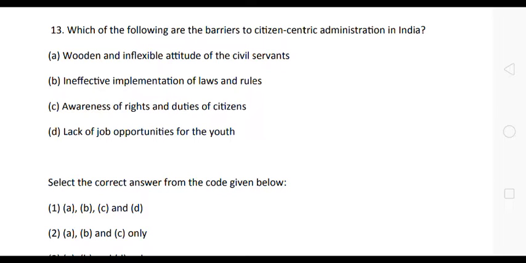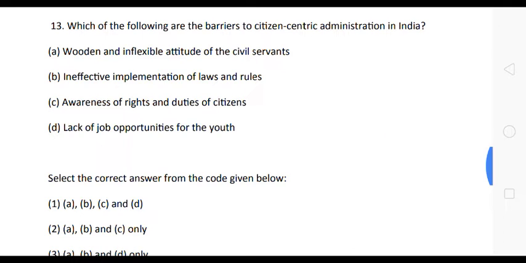Here, A and B are the barriers to citizen-centric administration in India. Wooden and inflexible attitude of the civil servants is a barrier to citizen-centric administration, and ineffective implementation of laws and rules is also a barrier.